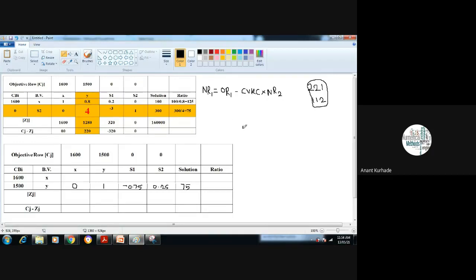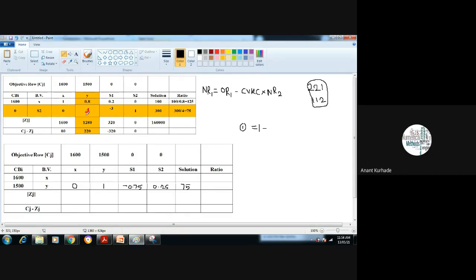So now we will start. What is the new value? This value is equal to old value of R1. Old value of R1 is 1. You can write here 1 minus corresponding value of key column. Tell me what is that value? This is very important. Corresponding value of key column. It is not 4. It is 0.8. Why?